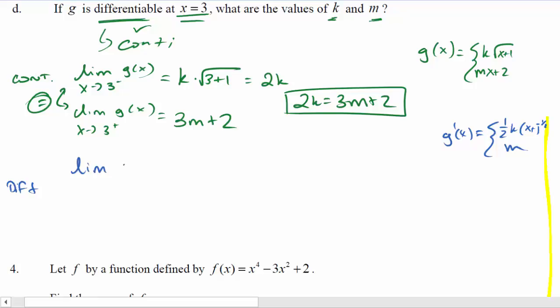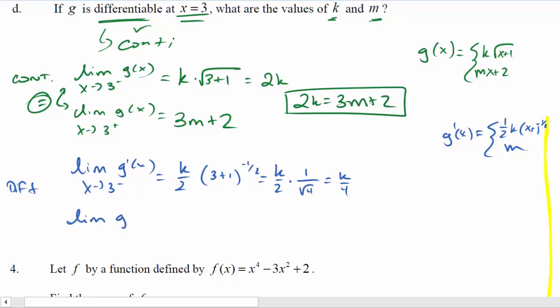So what's the limit of g prime of x as x approaches 3 from the left? Well, plug in 3 into k over 2 times 3 plus 1 to the negative 1/2. And that simplifies to, well, let's see, that's k over 2 times, this is going to be 1 over the square root of 4, so this is k over 4.